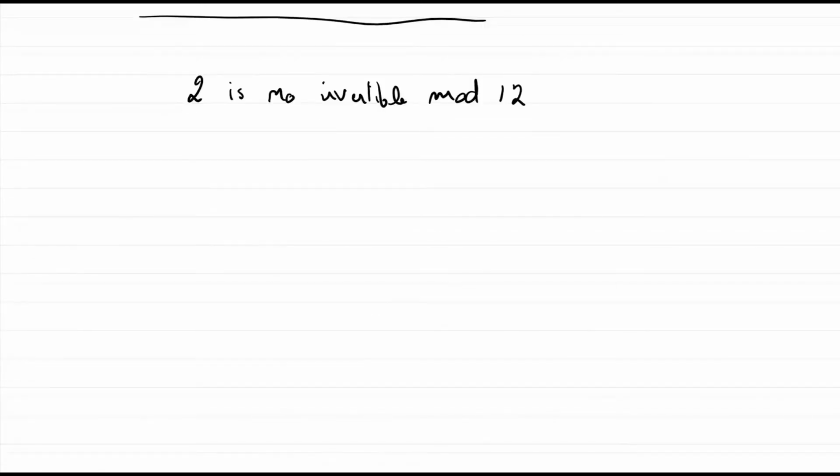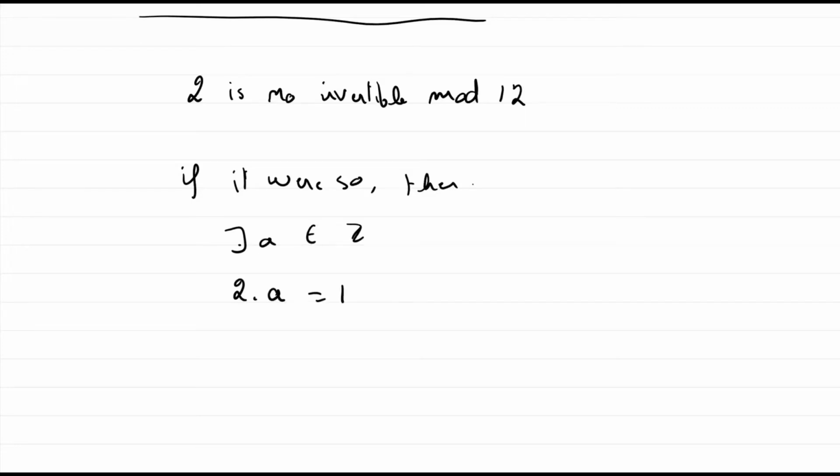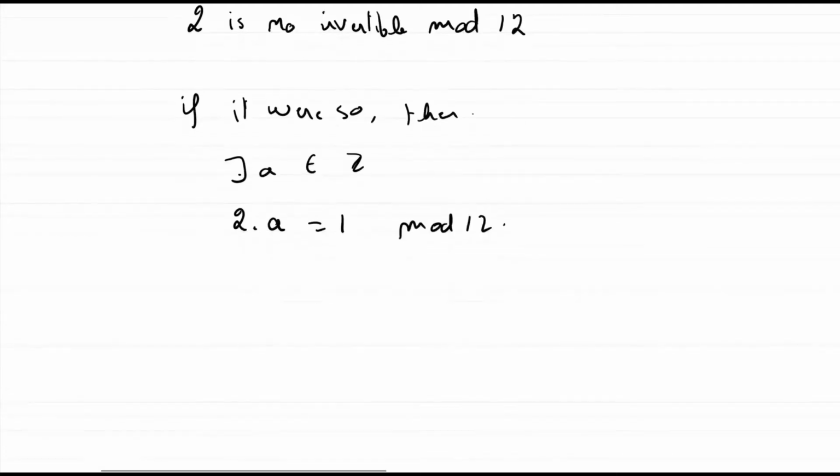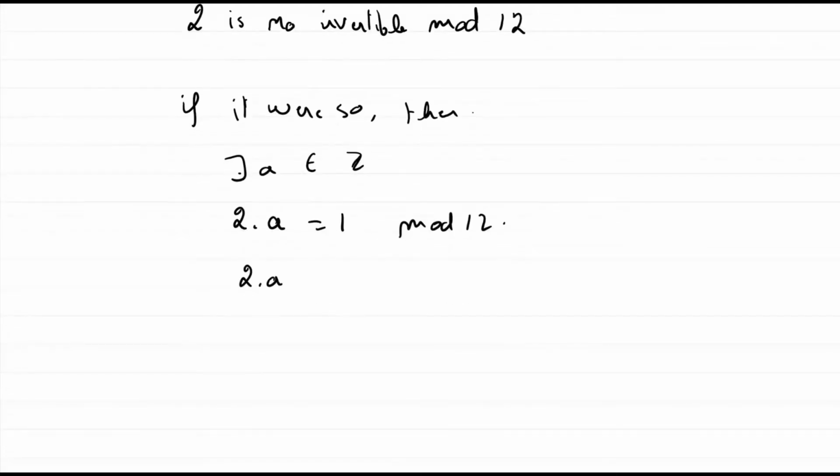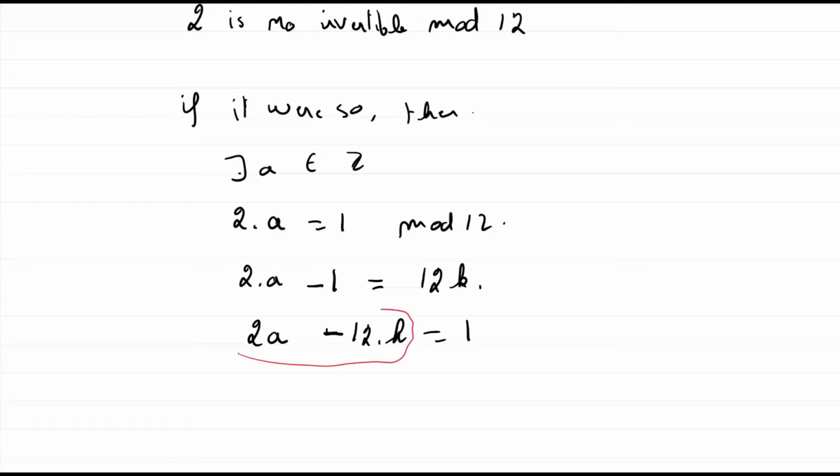If it were so, then I should find some a in Z such that 2 times a equals 1 modulo 12, which means that 2 times a minus 1 is a multiple of 12, something of the form 12k, which means that 2 times a minus 12 times k is 1. And this is a contradiction, because this thing here is divisible by 2. It's an even number. And the 1 is not divisible by 2. So this is a contradiction.